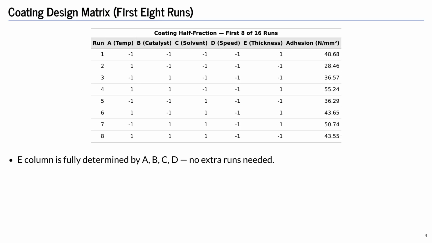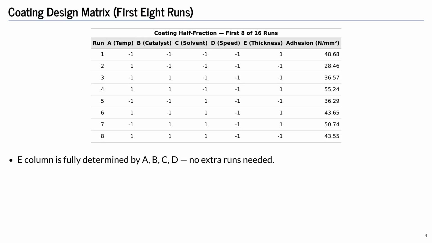Now multiply those 4 A through D values together. Minus 1 times minus 1 times minus 1 times minus 1 equals plus 1. That matches E exactly. Check run 2. A is plus 1, B through D are minus 1, so the product is plus 1 times minus 1 times minus 1 times minus 1, that is minus 1, and E is minus 1. It matches again. This is not a coincidence.